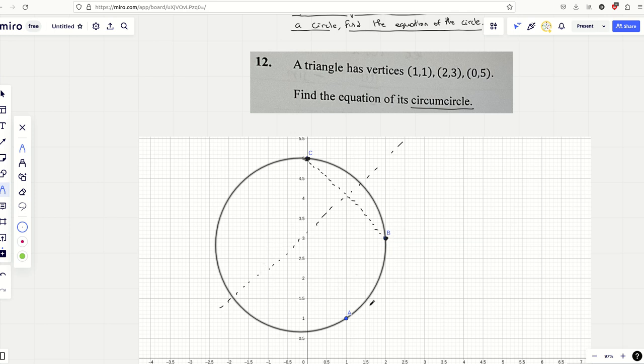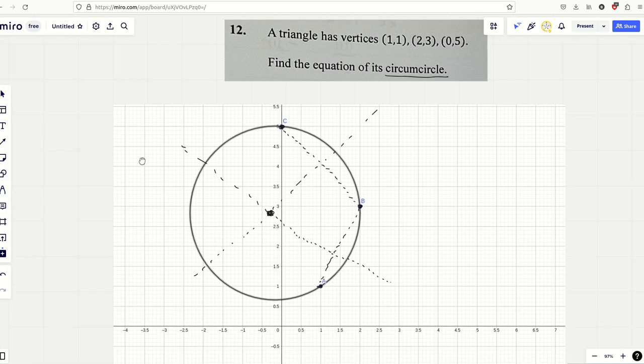Now you can do that with this point and this point actually as well. You could find the gradient of that, and therefore you could establish the perpendicular bisector, and where they intersect, that will be the centre of the circle. Once you've got the centre, it'll be easy to find a radius, and so we'll be able to work everything out. So that's my strategy.